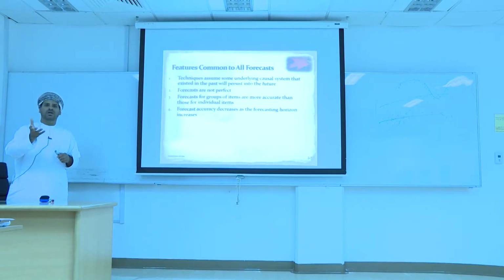Most likely your class will be around this much, because I've already taught this course several times in the past. So I can tell how much will be around the average of the midterm. But it is hard for me to tell exactly what the grade of each one of you will be. You could tell the average, but the individual score of each one of you will be hard.